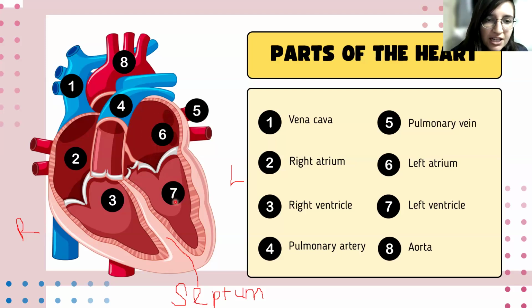And from here, it needs to be pumped out to the rest of the body. And the artery that does that is called the aorta. So it will go behind here through number eight. And number eight will then send it to the rest of the body. And the part that separates the right and the left part of the heart is called the septum.